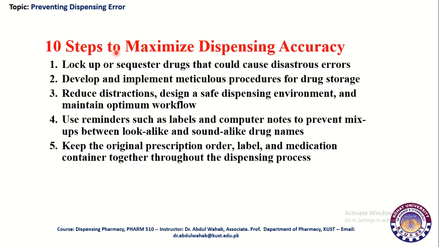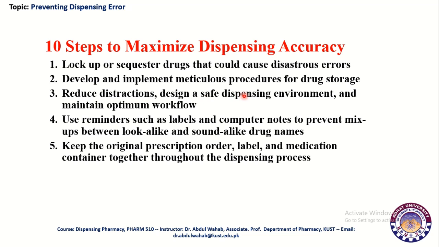10 steps to maximize dispensing accuracy. First one, lock up or sequester drugs that could cause disaster errors. Second, develop and implement meticulous procedures for drug storage. Third, reduce distractions.